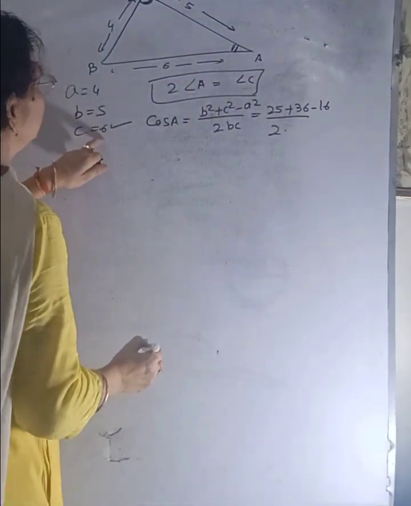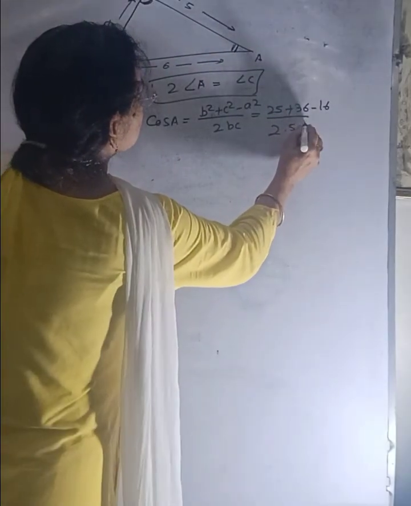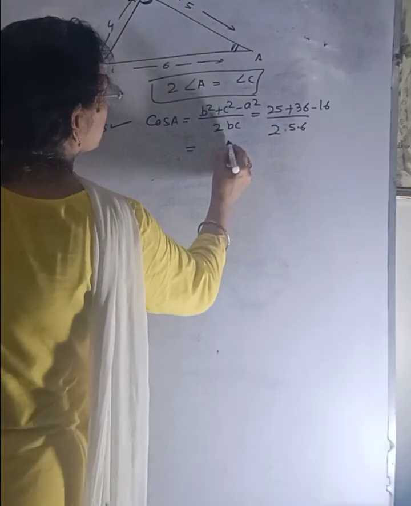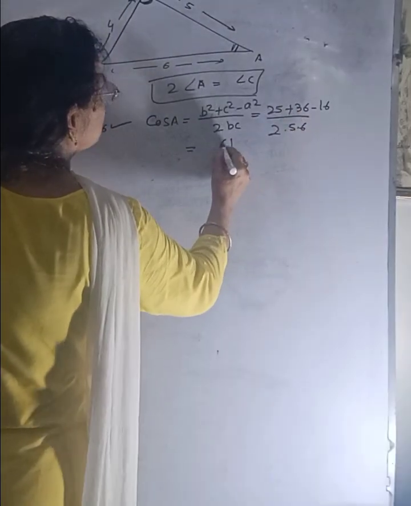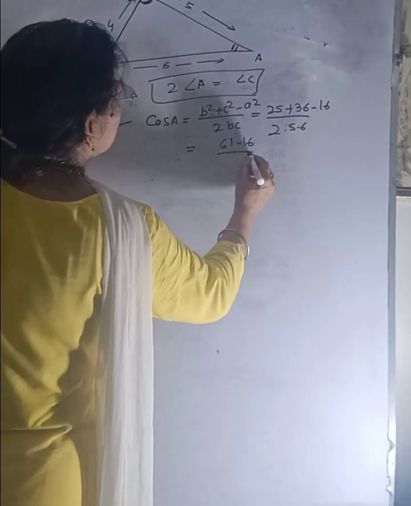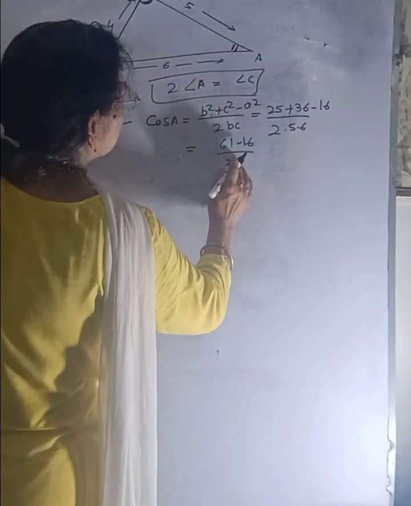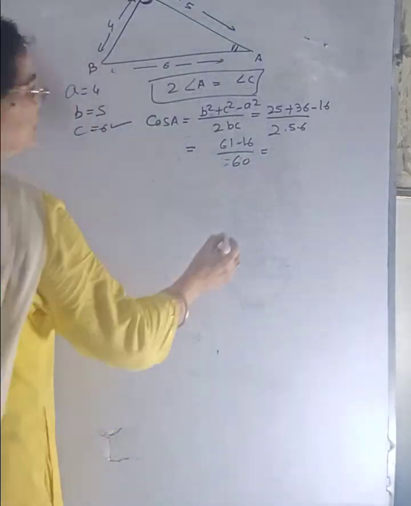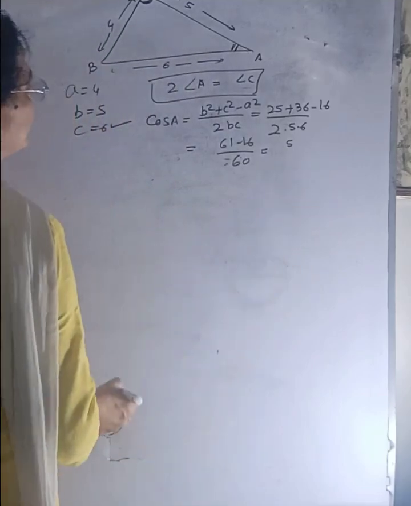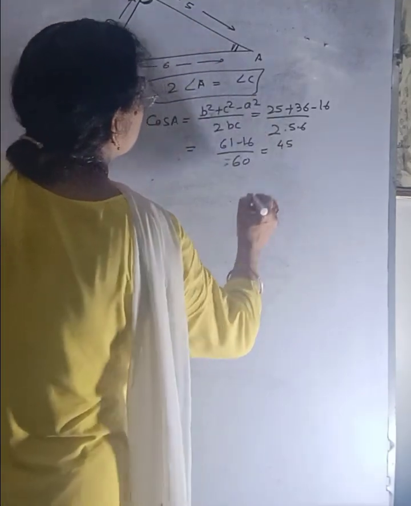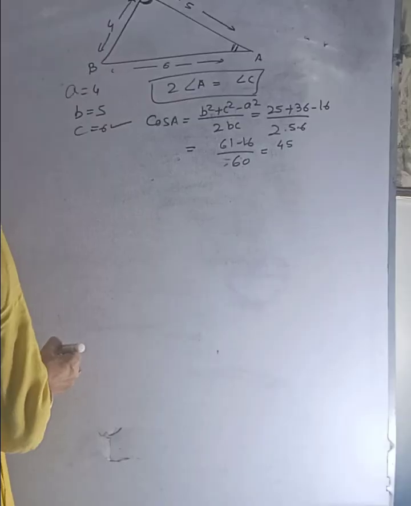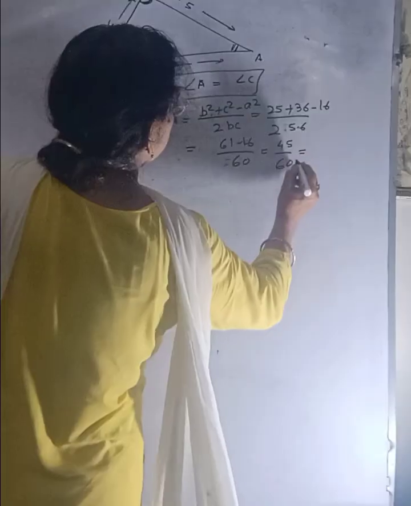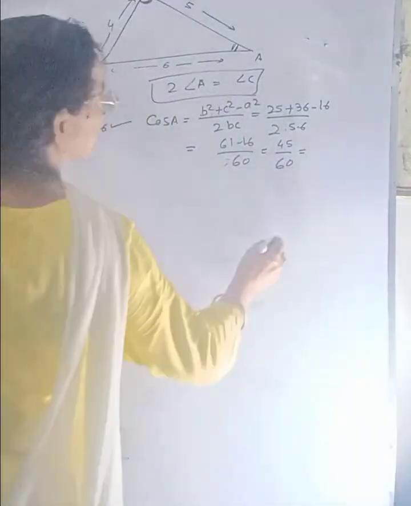b is 5, into c is 6, 5 into 6. This will be equal to 61 minus 16 upon 60, that is 45 upon 60, which can be divided by 15.